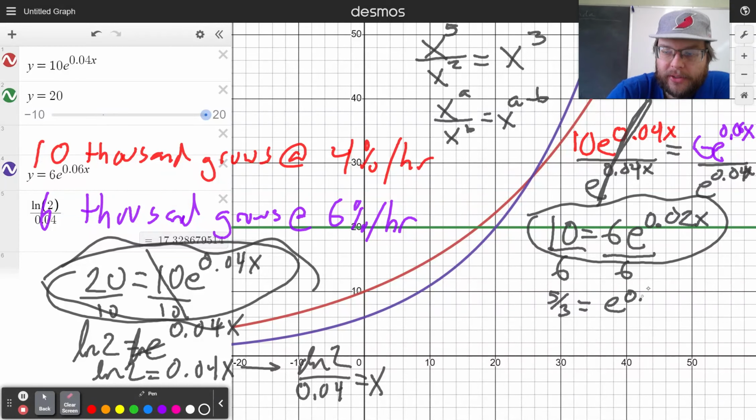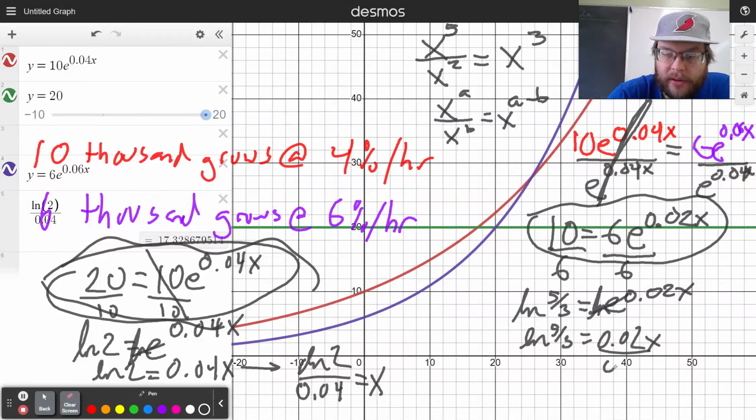If you really like decimals, you could do decimals. Now I do natural log of both sides because that cancels out the base. And last, I divide by 2%. And that's going to be my x value.